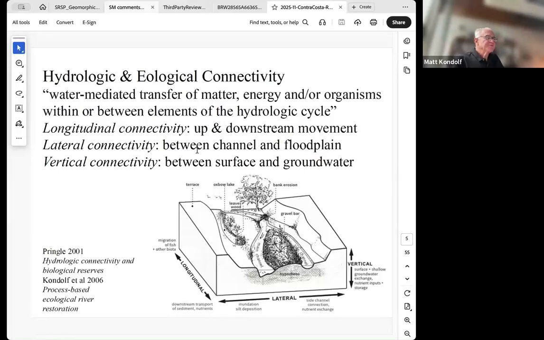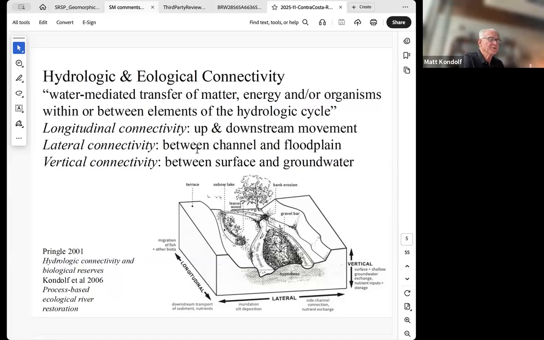And this also relates to another factor we can think about, which is hydrologic and ecological connectivity. That's often defined as the water-mediated transfer of matter, energy, and organisms within or between elements of the hydrologic cycle. So water going from the channel to the floodplain, organisms, juvenile fish living inside channels in the floodplain.